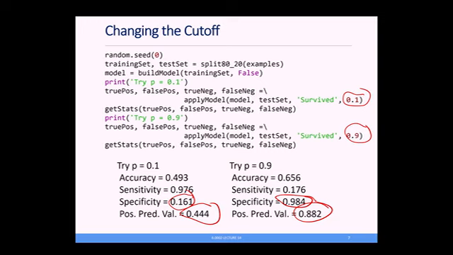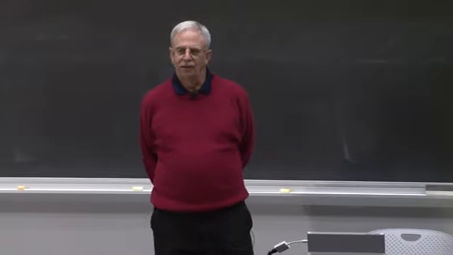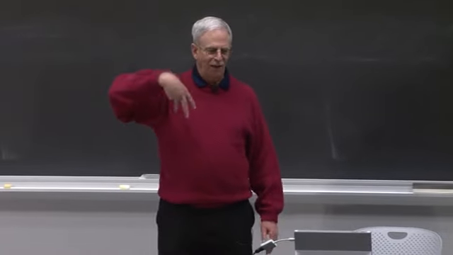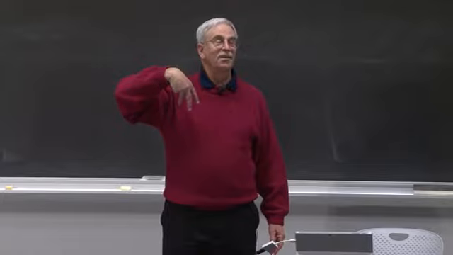So what is that telling me? Well, it's telling me that if I predict you're going to survive, you probably did. But look what it did to the sensitivity. Right? It means that most of the survivors, I'm predicting they died.